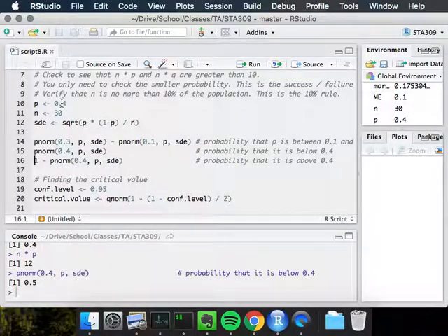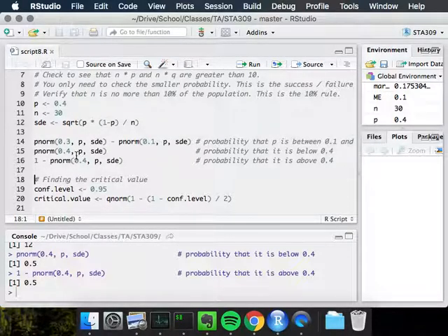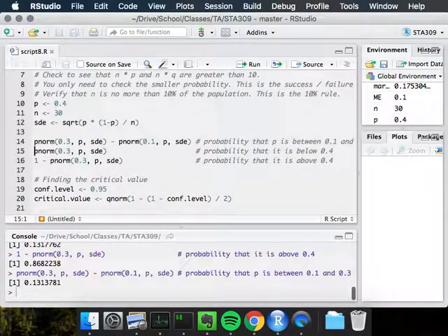So of course half of it is below that and half of it is above. And that's the same with this. So of course we can use different numbers like 0.3 and 0.6, for example. Oh, sorry, 0.3. Let's try both. So for example, this would be the probability that it's below, it's 13%, and it's above, it's, well, 1 minus that, so 86%. And if it's between the two values, between 0.3 and 0.1, just this.